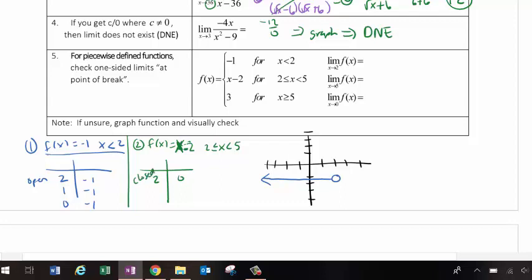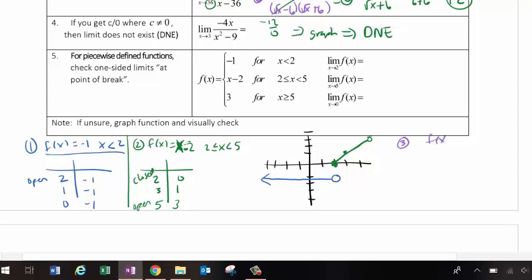This is closed because there's an equal to sign on it. If I plug in 3, I get the point 3, 1, and I need to at least graph the boundaries. This one is open because there's not an equal to on the 5. 5 minus 2 is 3. So I start at 2, 0, 3, 1, and then 5, 3 is open. That's my second piece.